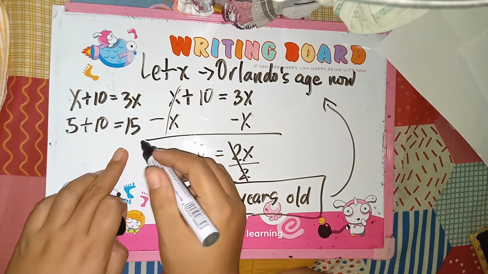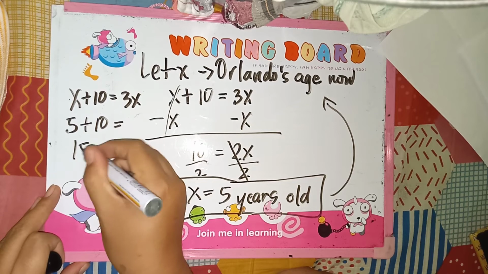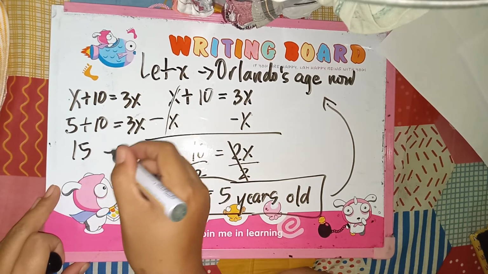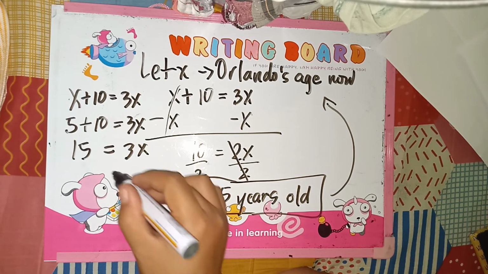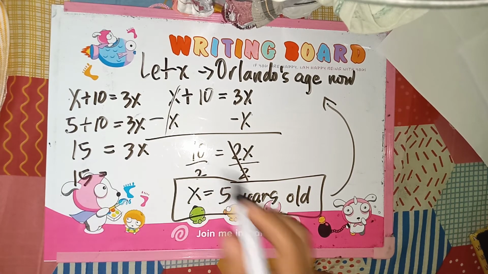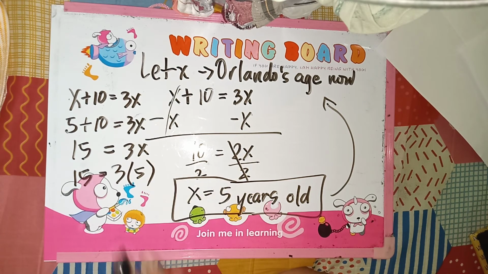So, this is 15, equals 3x. So, if we have 15, and our x is 5, we will have 3 times 5. Is 3 times 5 equal to 15? Yes. So, our answer is correct.